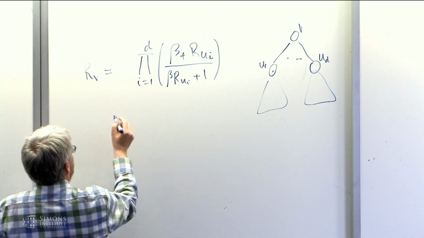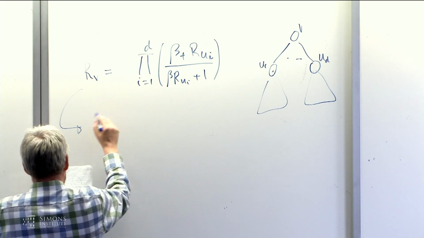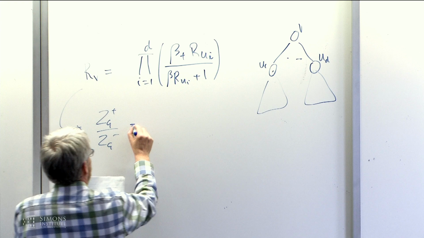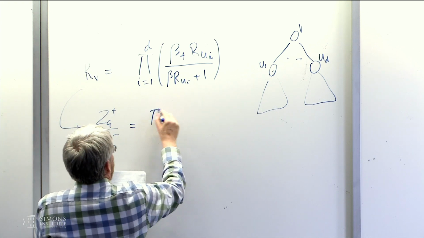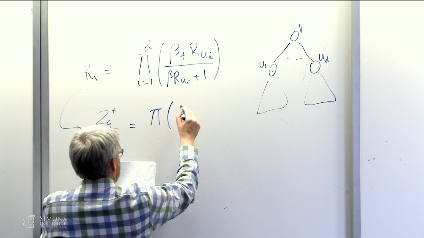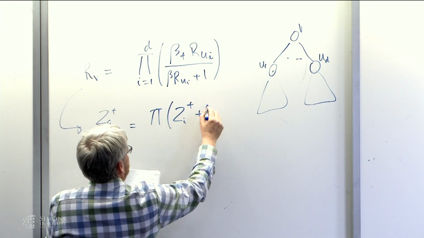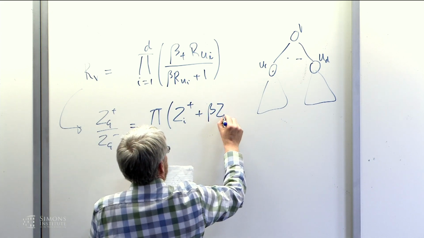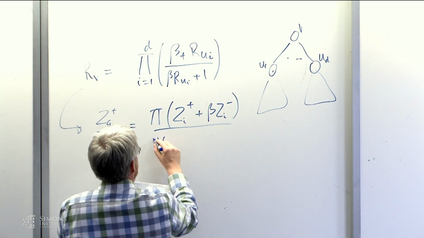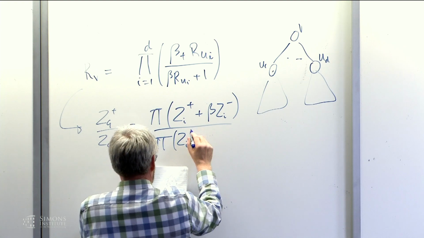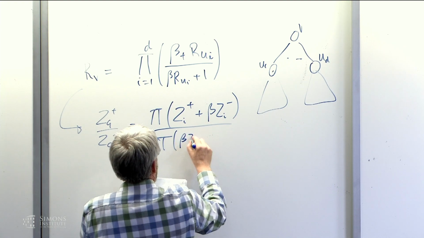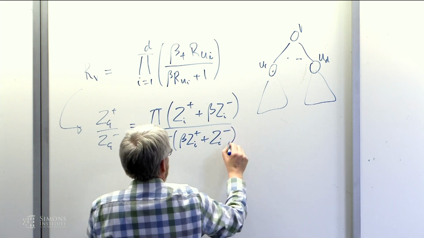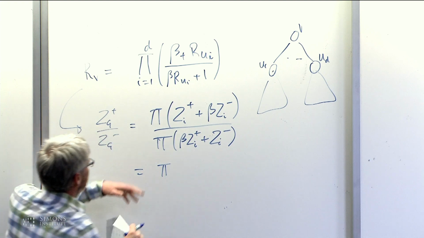So this is ZG plus over ZG minus, which, since the subtrees are independent, is the product of the subtree terms.